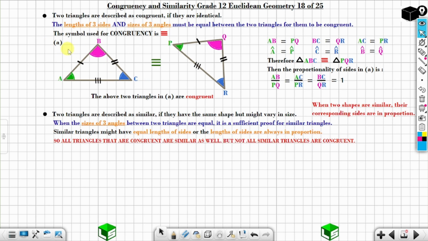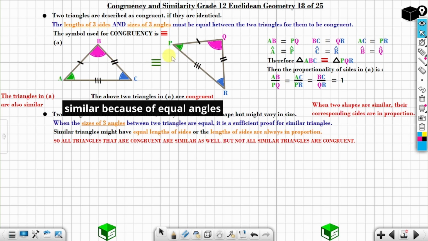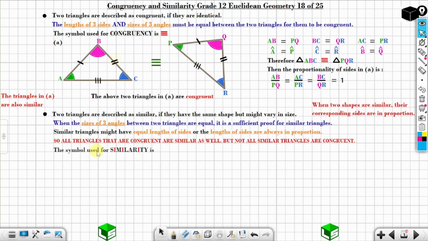So, in example A, you have similar triangles as well. The symbol used for similarity is 3 vertical lines. In the word similarity, you have 3 eyes. You can use this to remember the symbol for similarity.